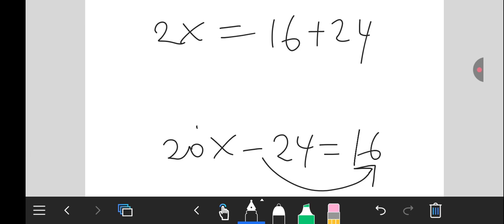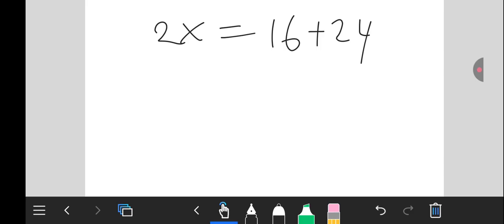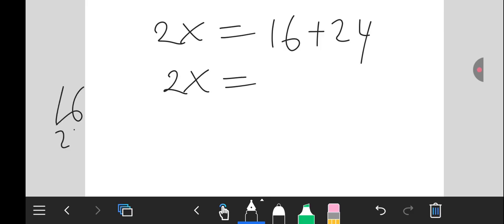So we have 2x equal to 16 plus 24. What's the value of 16 plus 24? That is 0 carry 1, that is 4. It's giving 40?